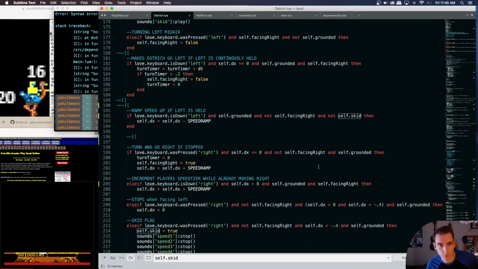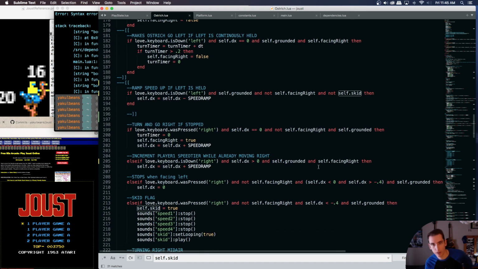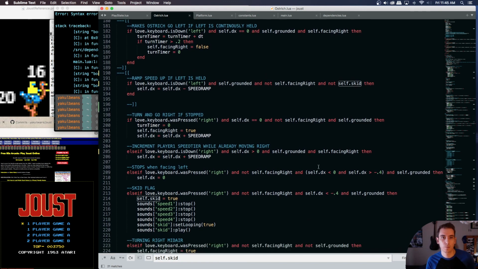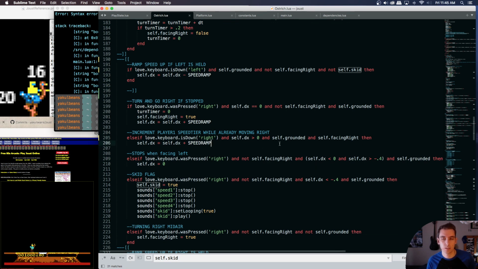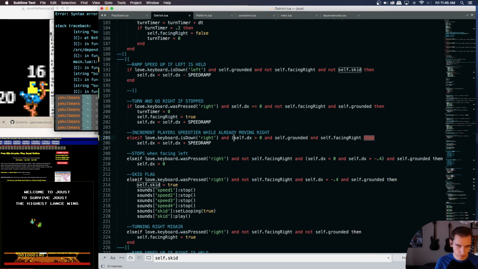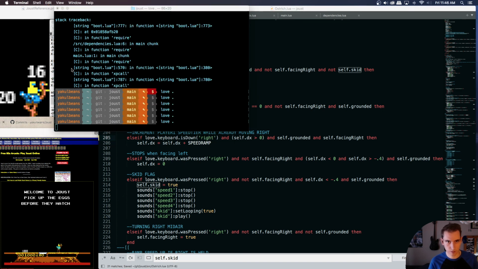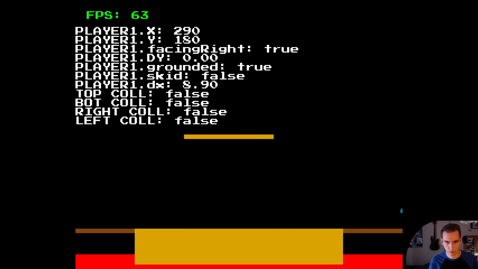And then if right was pressed and dx is 0, that's fine. Right here, if dx is greater than 0, we need our clamp here, I think. Let me make sure my right skid just keeps going faster and faster. Yep.